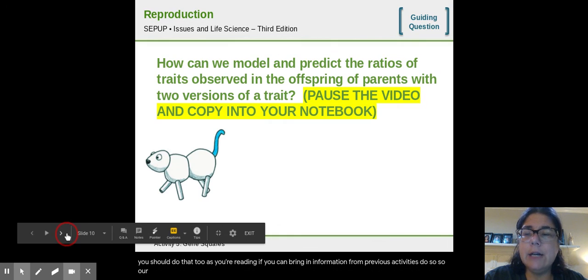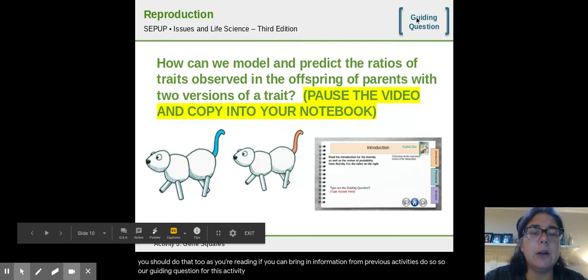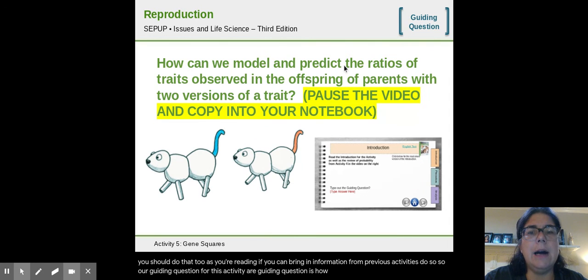So our guiding question for this activity is how can we model and predict the ratios of traits observed in the offspring of parents with two versions of a trait? You're going to now stop this video. It says pause here in case you're watching the entire one, or just stop the video and copy this question into your notebook. Notice this is part of our objectives.